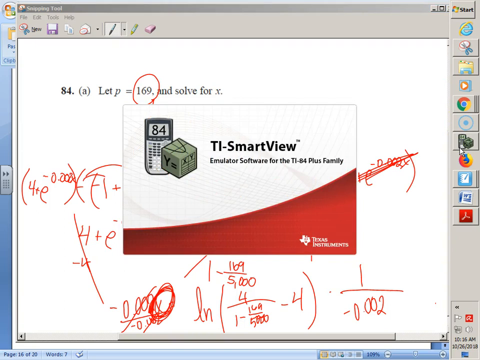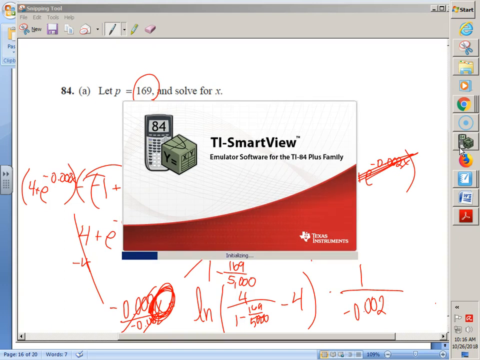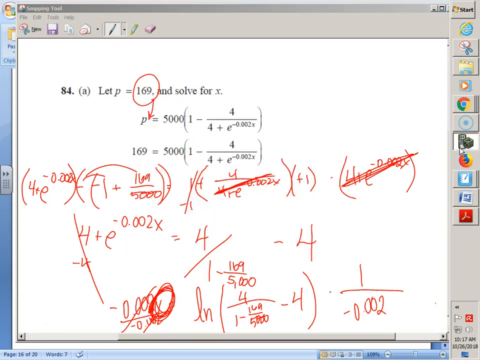All of that is -4, and all of that is times a nice little pretty fraction of 1 over -0.002. Final answer of 983.308.